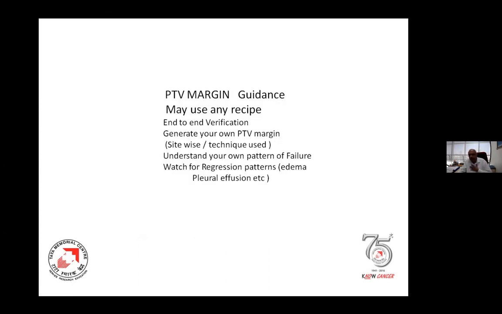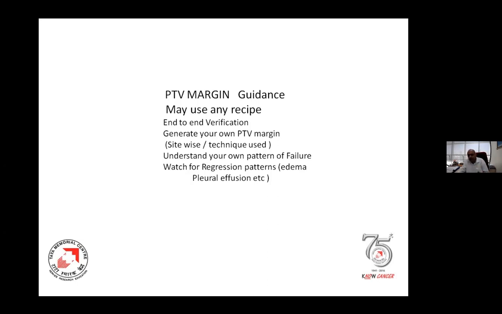So for me, what is my PTV margin guidance? You may use any recipe. There are a couple of recipes like Stroom's, etc. But we all have to do end-to-end verification, from scanning to complete delivery, to understand what margin is required.